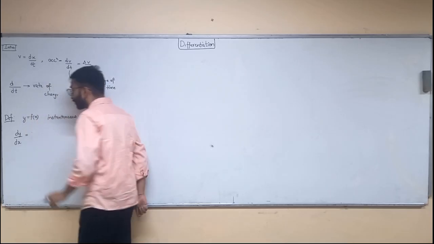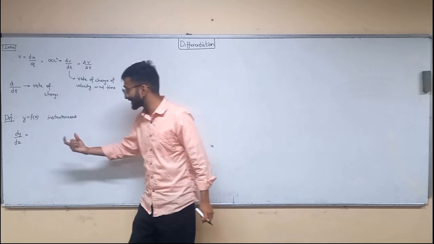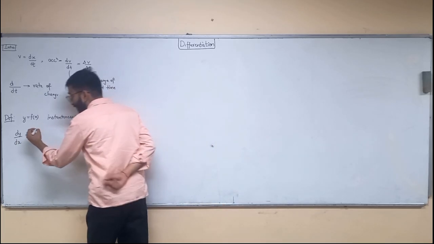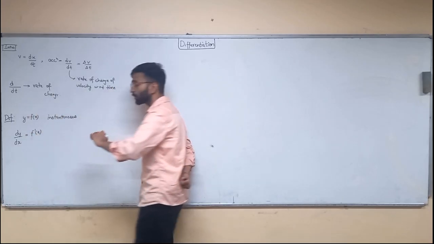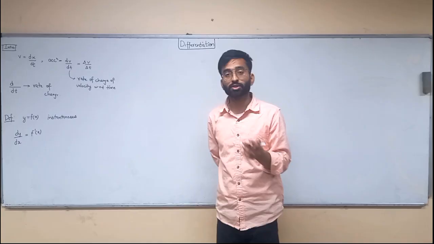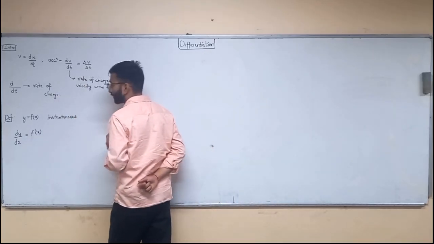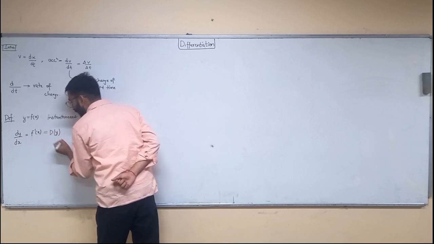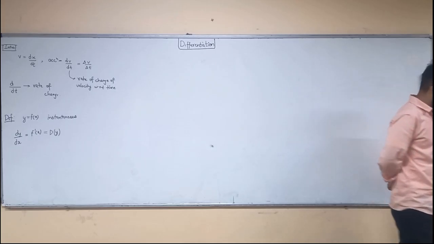We write differentiation of y with respect to x as dy by dx. This can also be written as f dash x. If y is equal to f(x), then dy by dx is equal to f dash x. You can also see it written as d of y, which means differentiation of y.